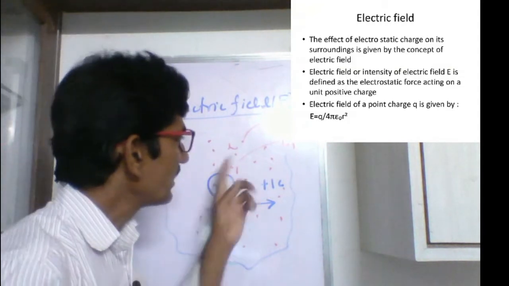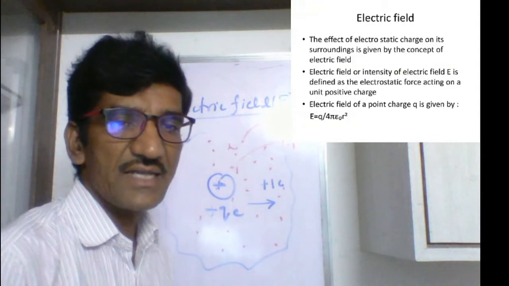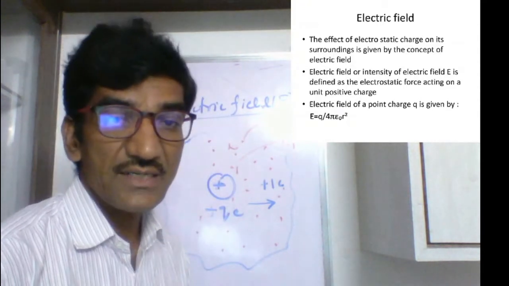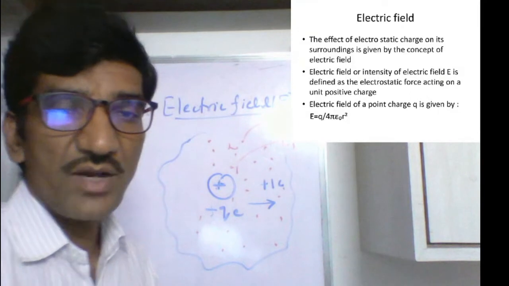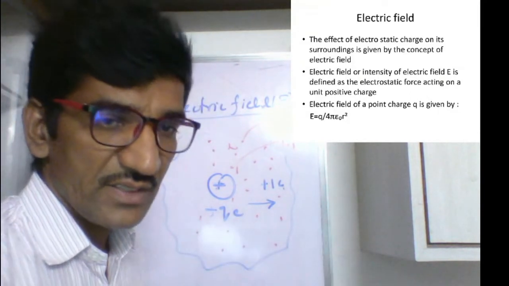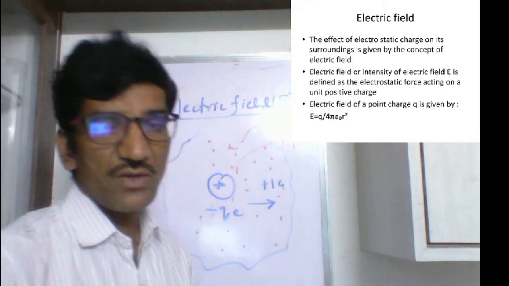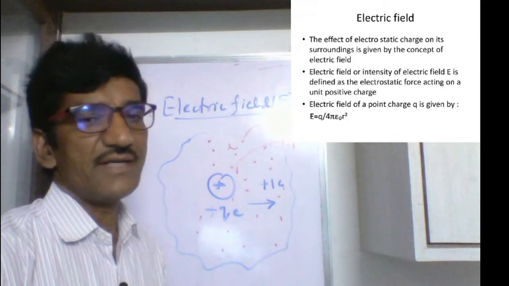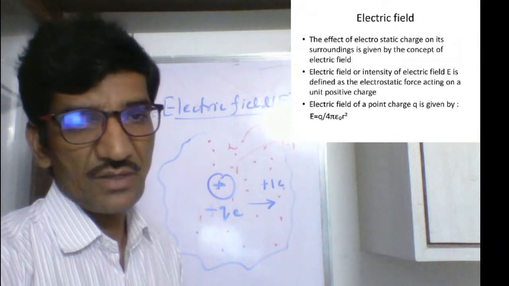That's why we call E1 the electric field intensity at point 1, and E2 the electric field intensity at point 2 in the field. Both points are located within the field. So, what is the other name for the electric field? E, electric field intensity.